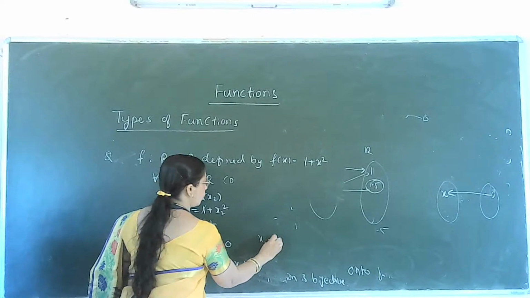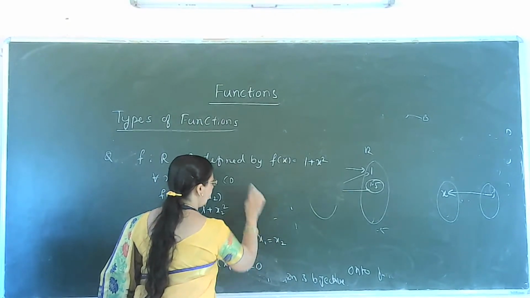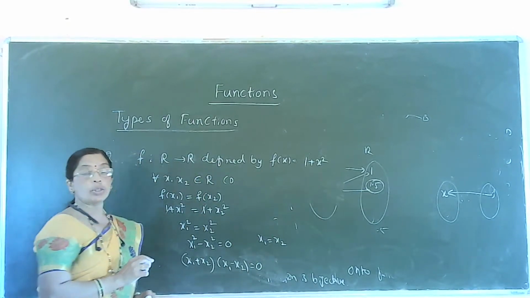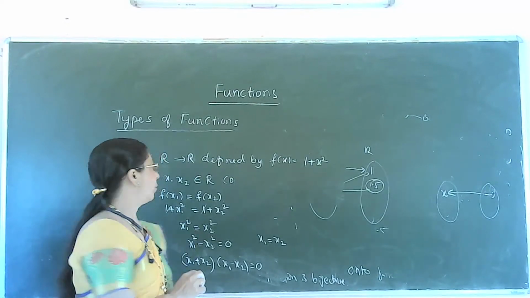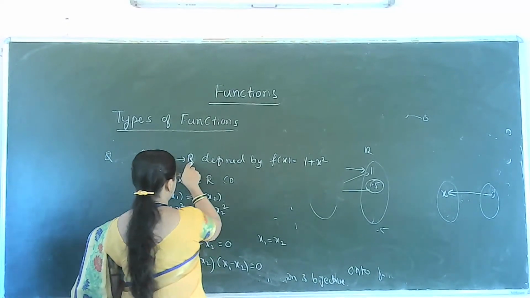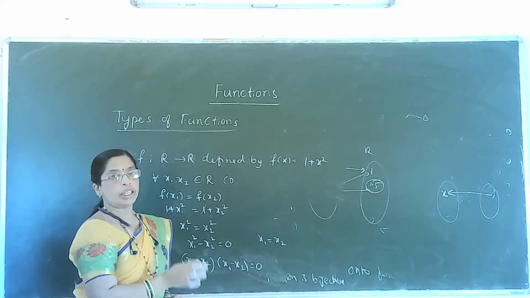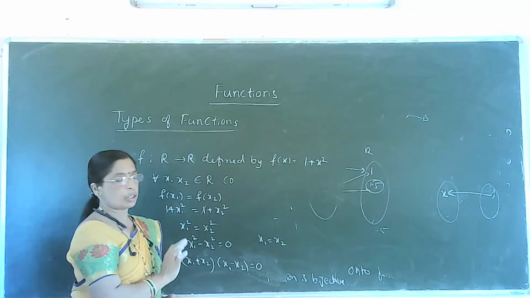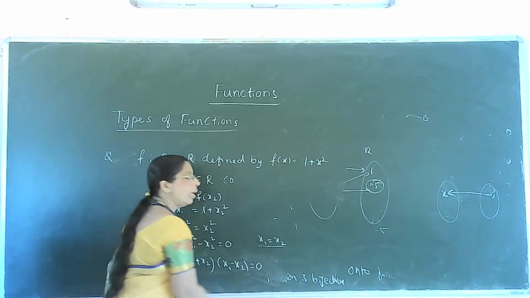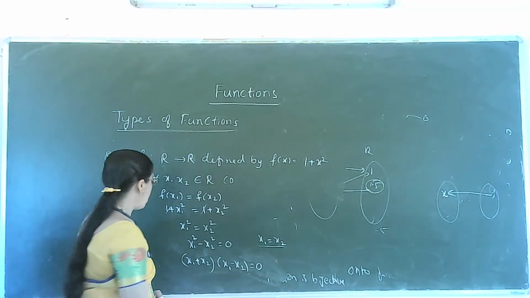You write x1 is equal to x2 if the set is natural numbers, N to N. If it is given N to N, then negative numbers do not belong to natural numbers, and you can take here x1 is equal to x2.